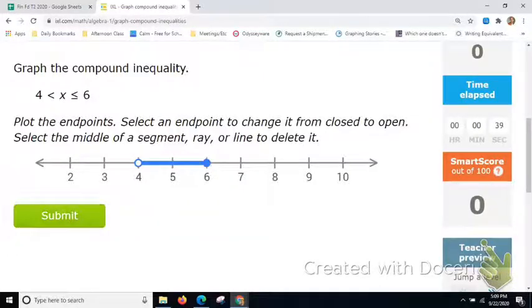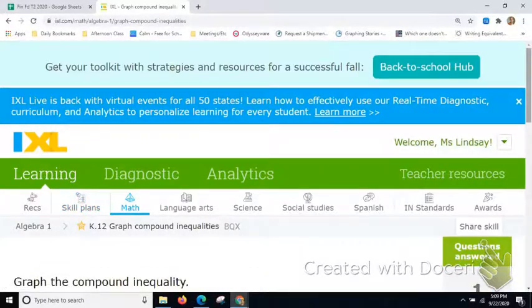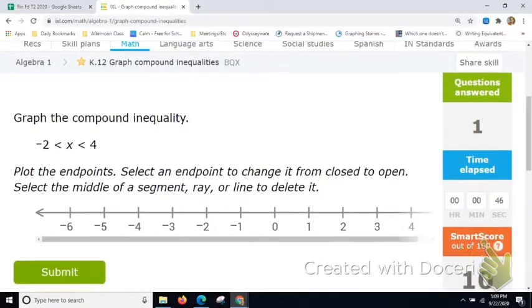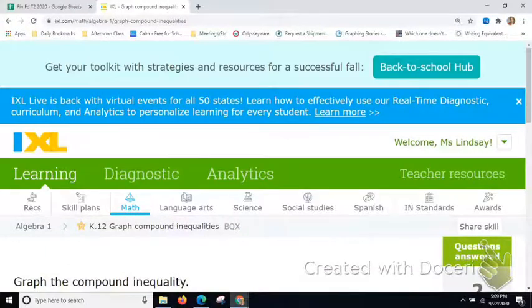And that's it. So -2 gets an open circle. 4 also gets an open circle. So when X is in the middle, the shading is in the middle.